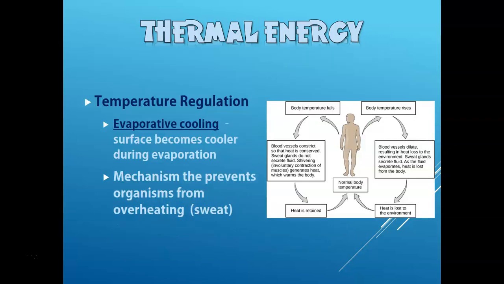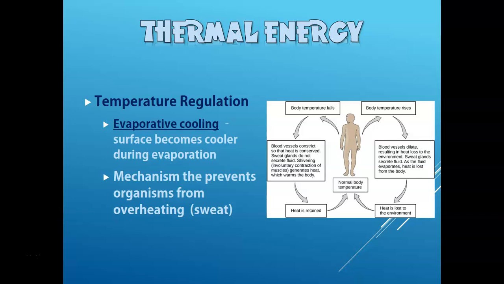Even individually as organisms, we benefit from temperature regulation, assuming our body is capable of doing something called evaporative cooling, and your body does. It's a homeostatic mechanism, it's a feedback loop. So what is evaporative cooling? Well, next time you're in gym class, this is probably going to happen to you if you're really working out and working those muscles to the best of your potential.